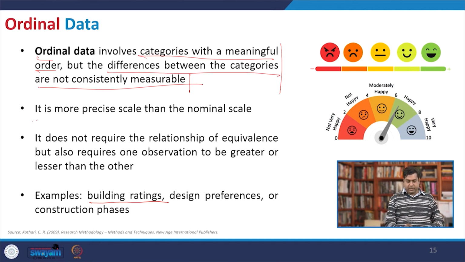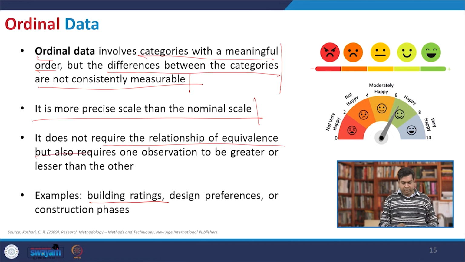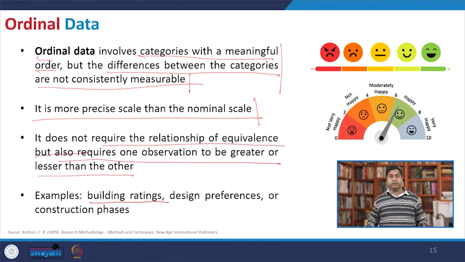It is a more precise scale than the nominal scale, because the nominal scale is just to qualitatively identify the differences. It does not require a relationship of equivalence, but it requires one observation to be greater than or lesser than another. So this is something which may not have a measurable interval, but the order is very clearly identifiable and they are distinctly different.